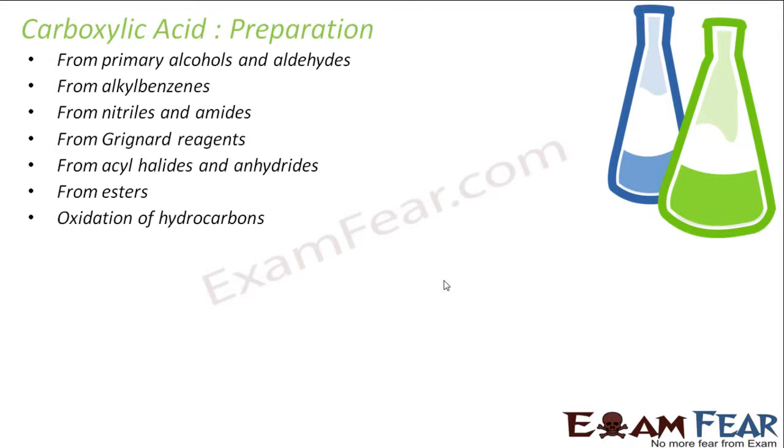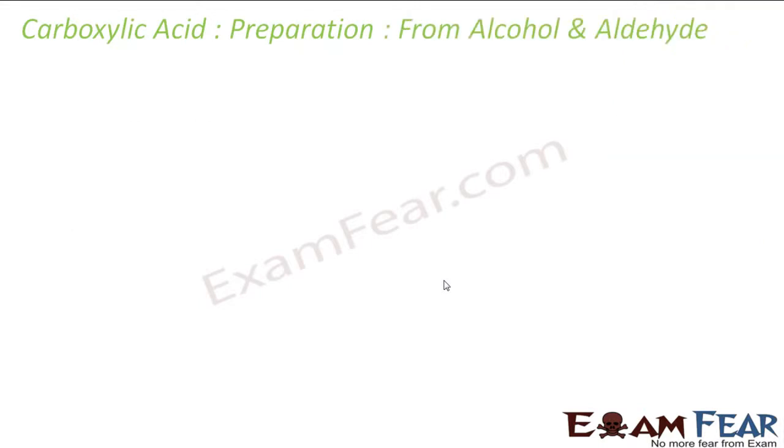So let's start with the first method to prepare carboxylic acid from alcohol and aldehyde. As I told you, we have alkane. From alkane you get alcohol. If you keep oxidizing it, then you get aldehydes or ketones.